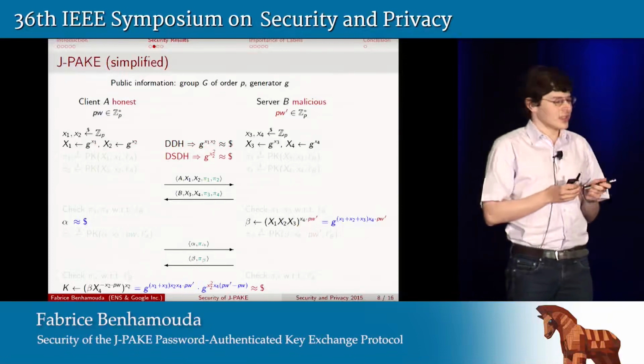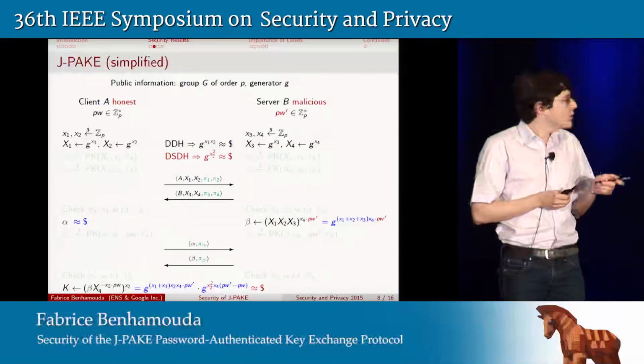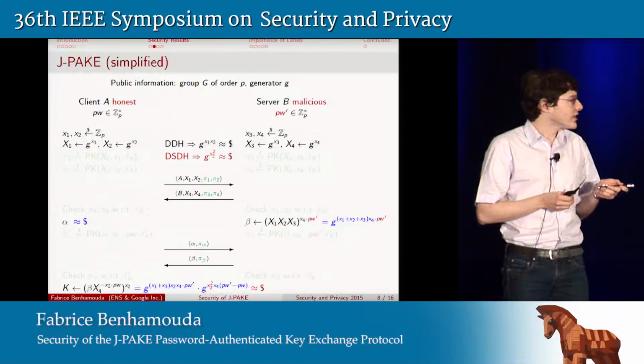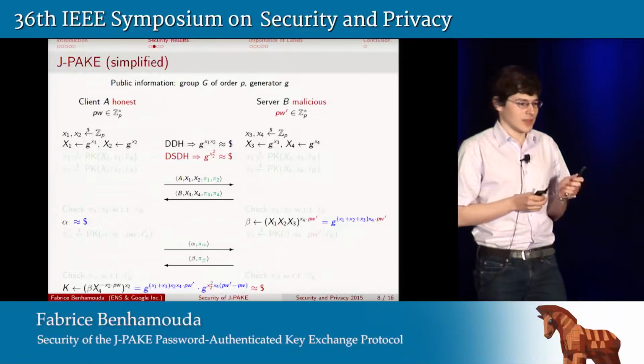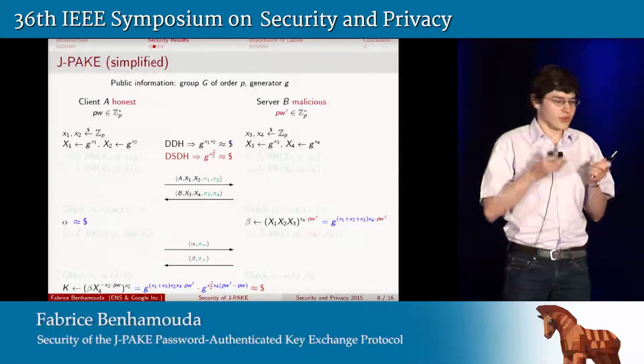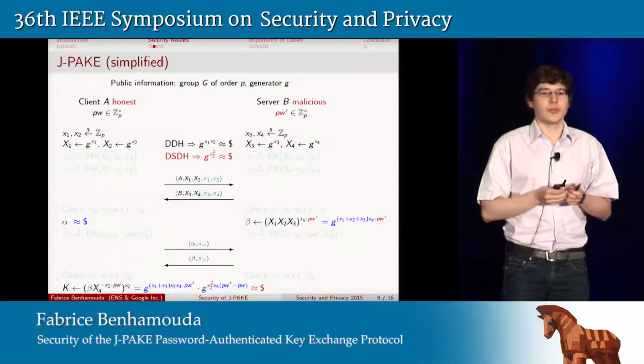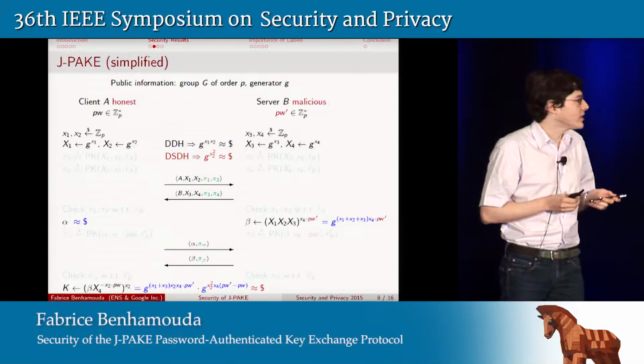And then, using the DSDS assumption, we show that the resulting key looks random if the server used a password PW prime, which is not equal to the password used by the client.